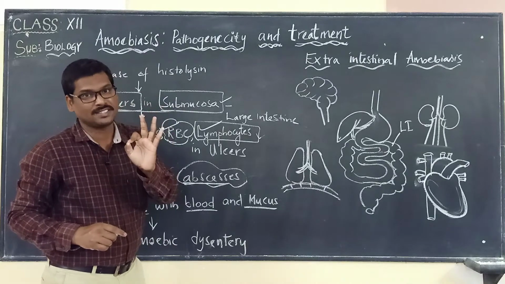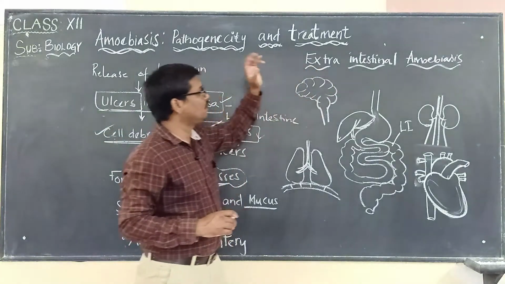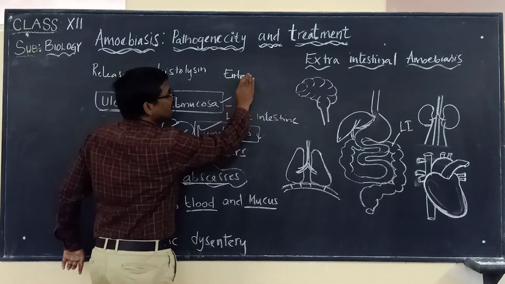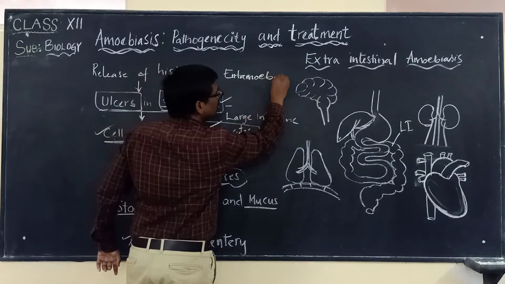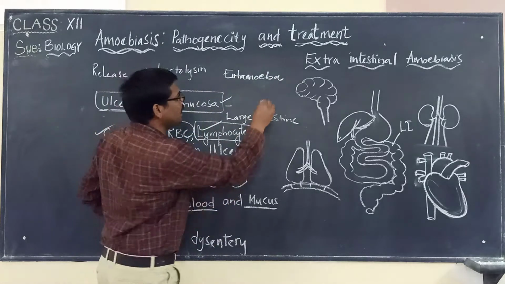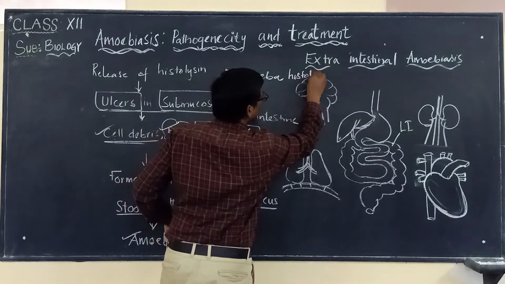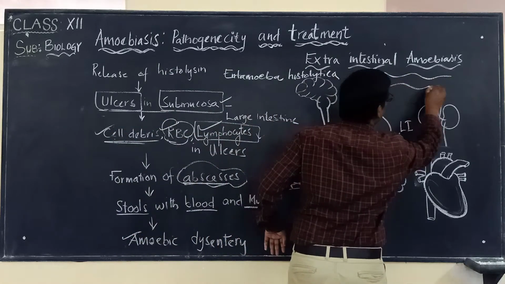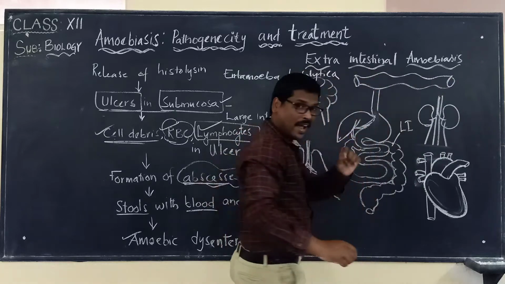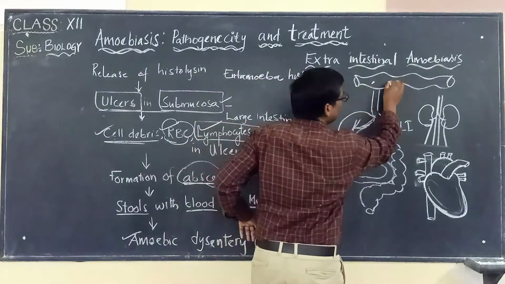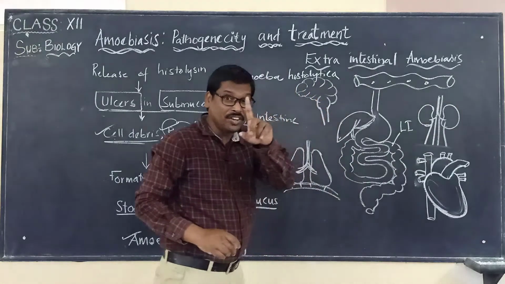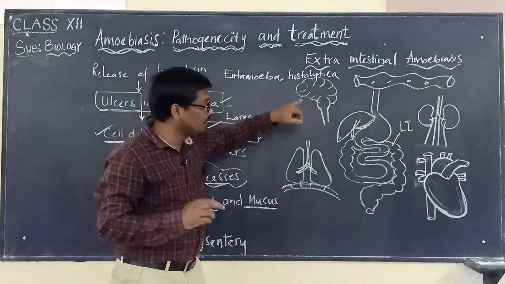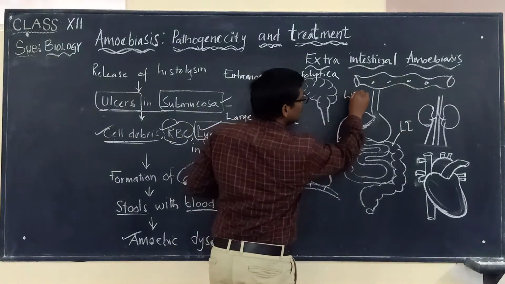But in some cases, this Entamoeba histolytica may travel through the blood. Let us say these are the blood vessels. Entamoeba histolytica will travel through the blood and may reach the primary organ it attacks, which is the liver.